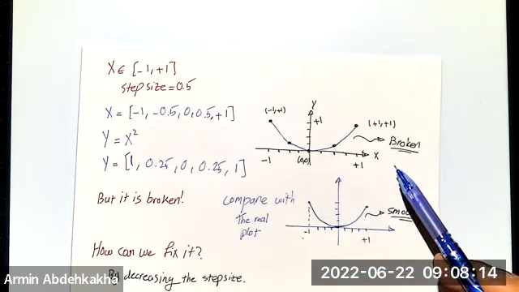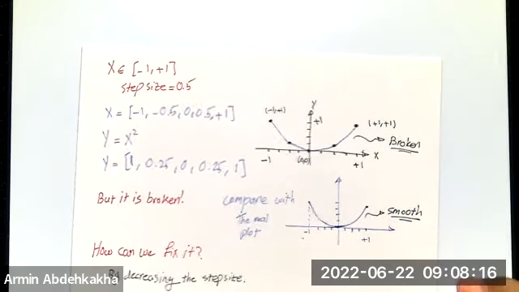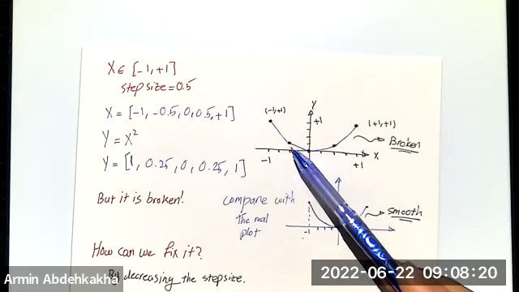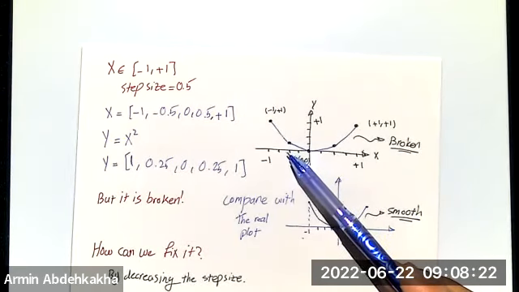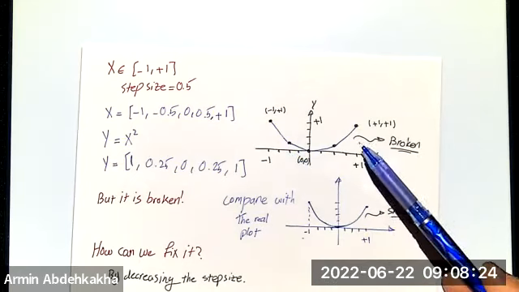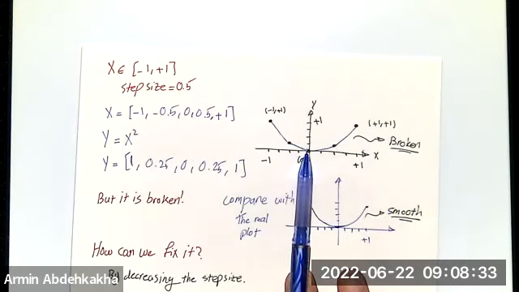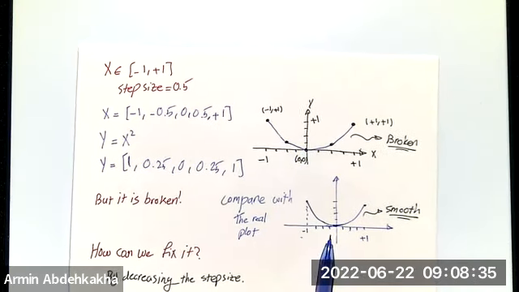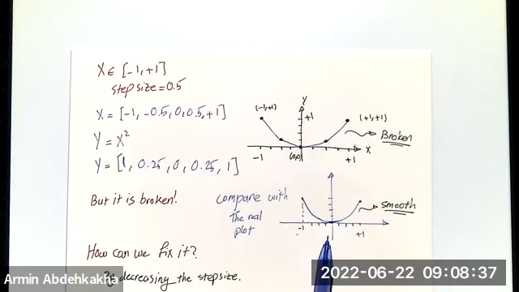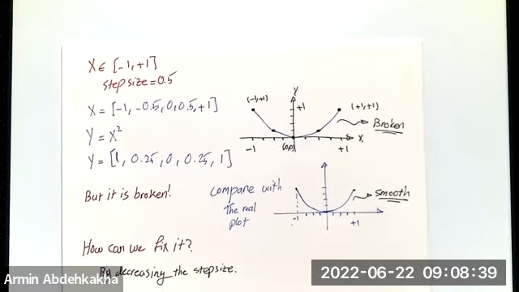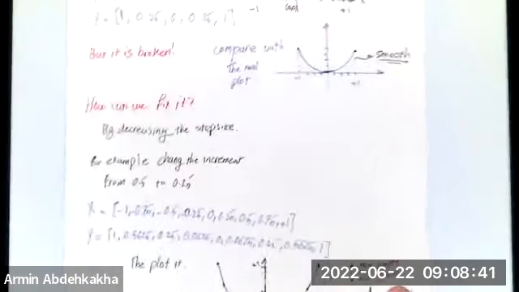If you compare with the plot that you find in physics, you know that the plot of y equals x squared is a smooth curve. But how can you fix it in MATLAB? MATLAB is code and just plots this for you. You are human, but MATLAB cannot do that. So how can we get a better shape?